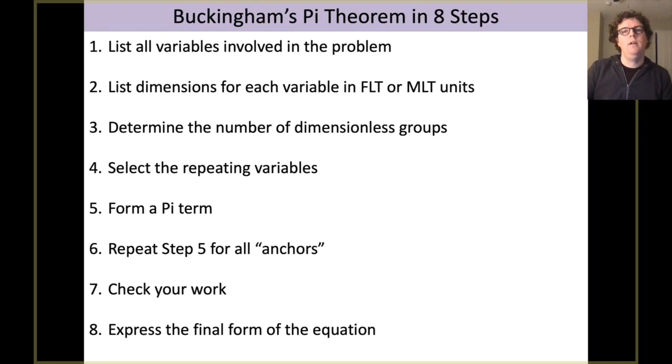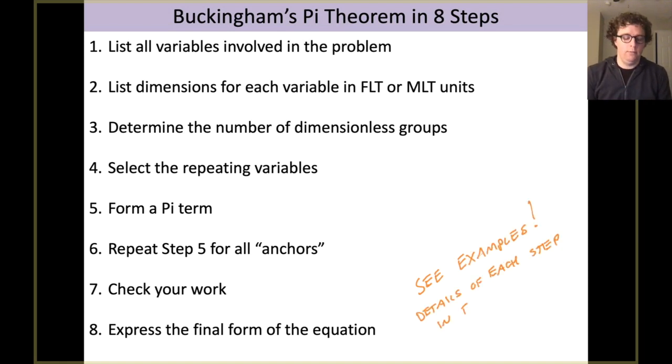Okay, so Buckingham's pi theorem in 8 steps. I am not going to go through all of these steps in this video. So there is a series of examples that I will share following up on this.